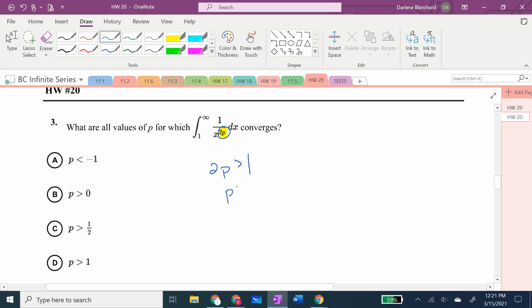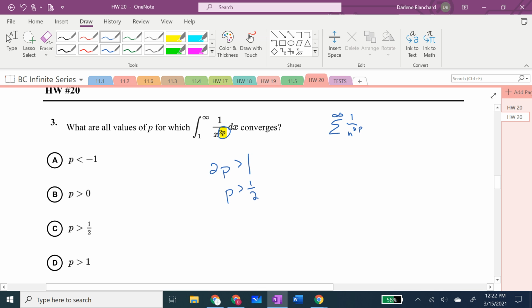And that gives us that p is 1/2. Now, mind you, it has to follow all the necessities of the integral test. Because if I'm using p-series, then I'm thinking about sigma. But of course, I could integrate instead.